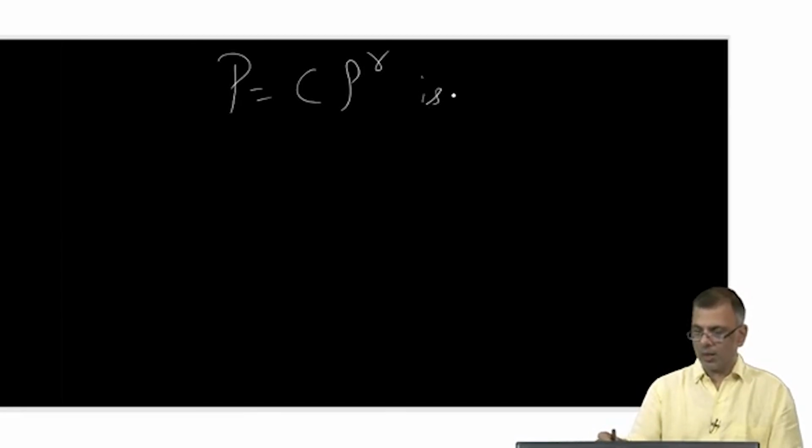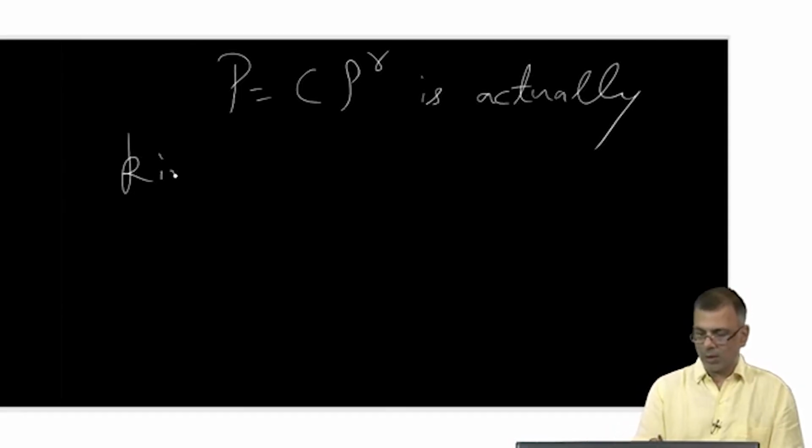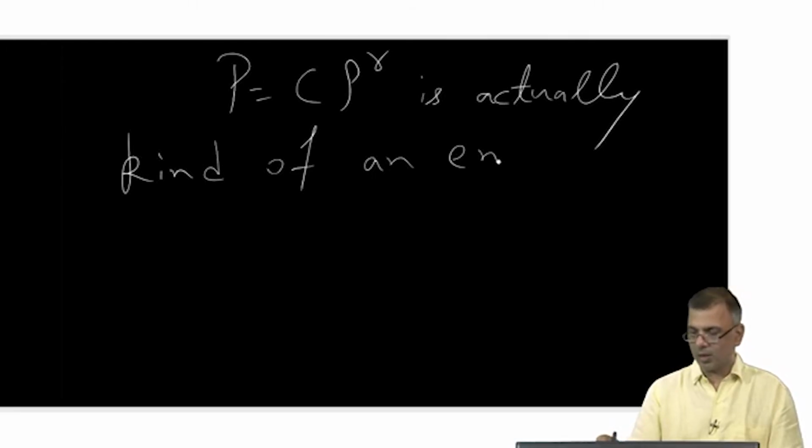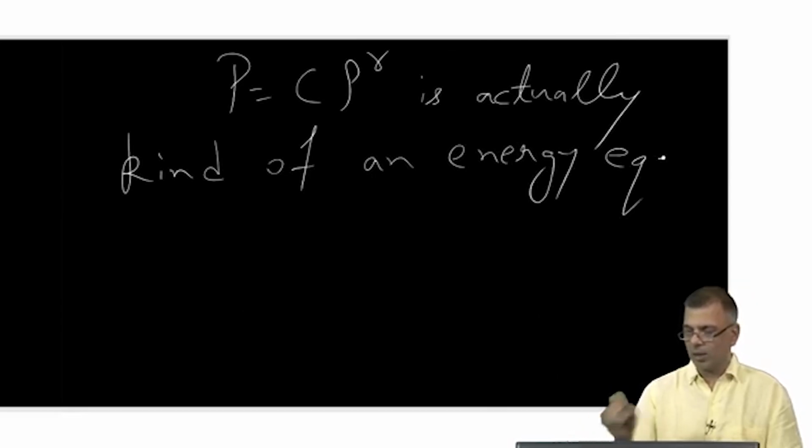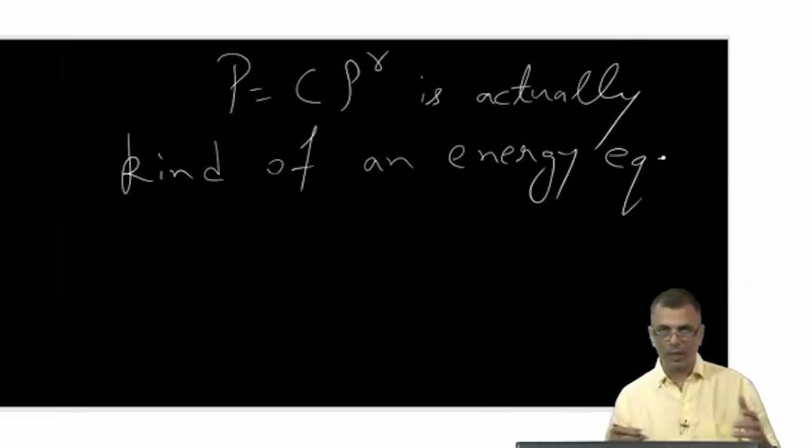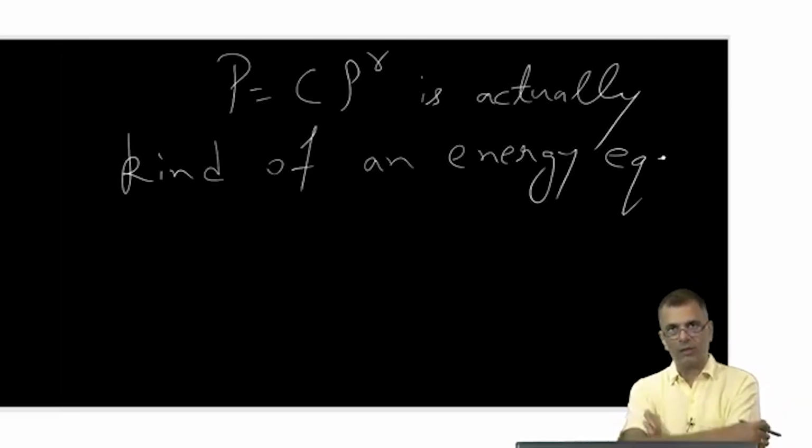The reason it's worth paying attention to is because the polytropic equation of state, this one, is actually kind of an energy equation. If you remember, we never used the energy equation anywhere in deriving the transonic solution.